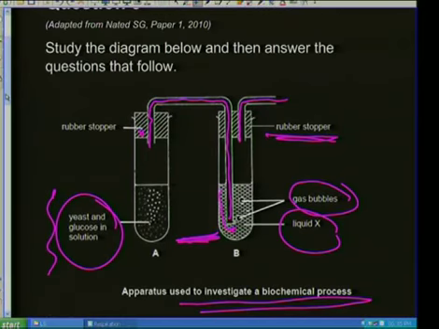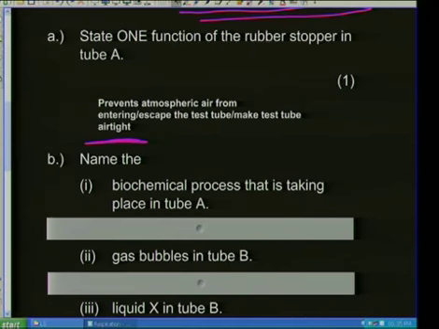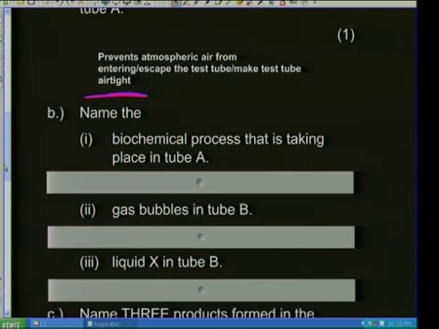Any gas that comes out from here must only be able to go into this tube, nowhere else. We mustn't lose the gases. So airtight means that you are preventing air from coming in or going out.